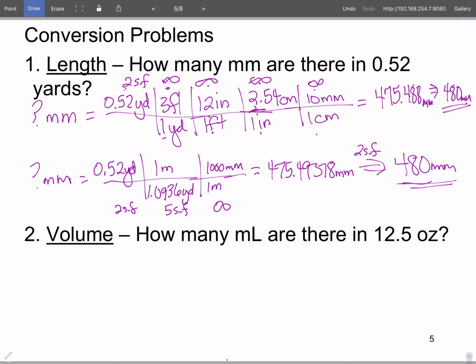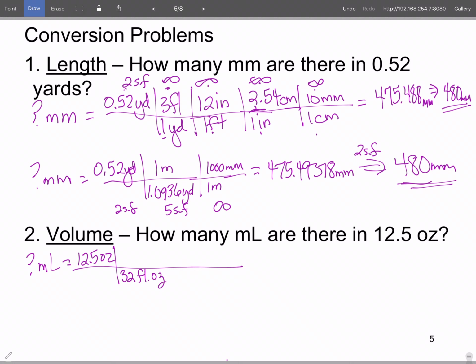Okay? So next one we're going to move on to is we want how many milliliters are there in 12.5 ounces. So there are a variety of ways to do this. The long way, we could say there are 32 fluid ounces.